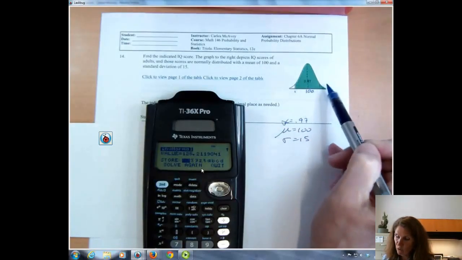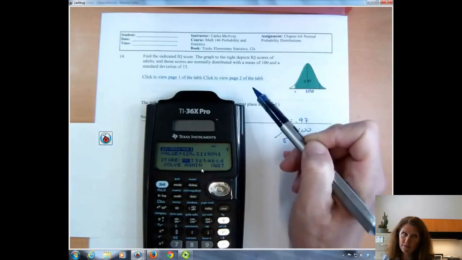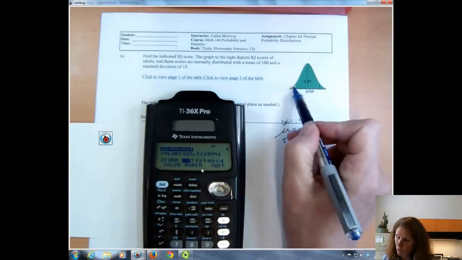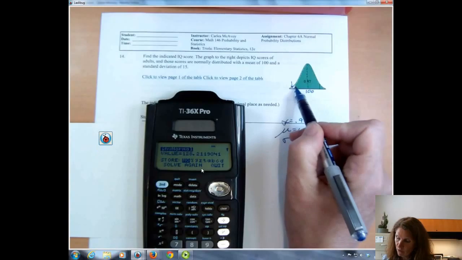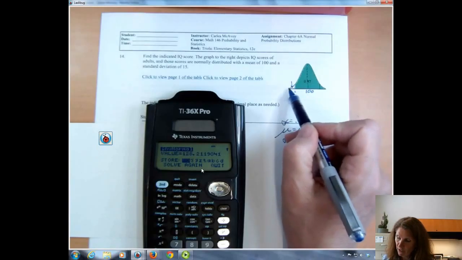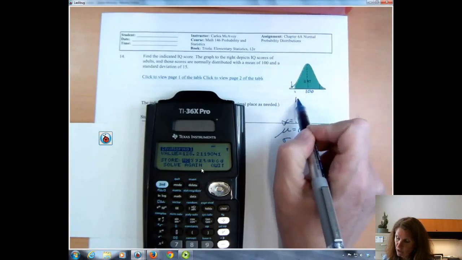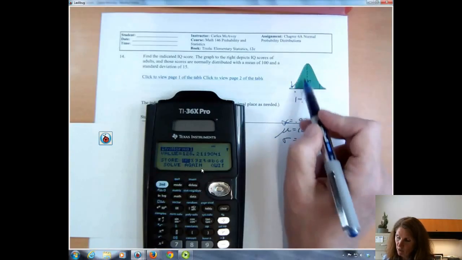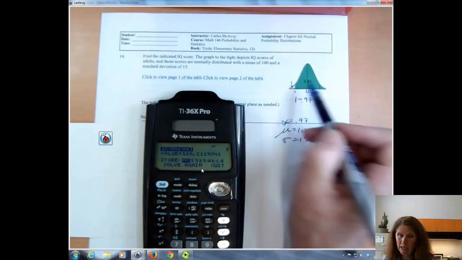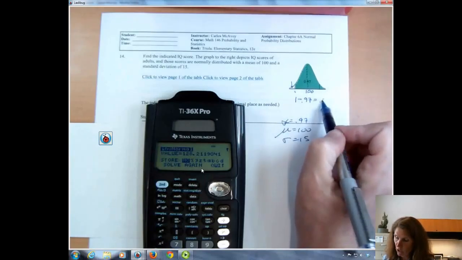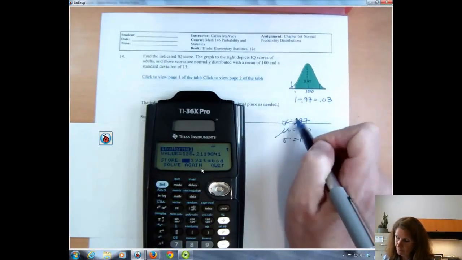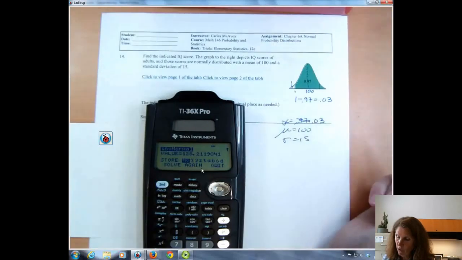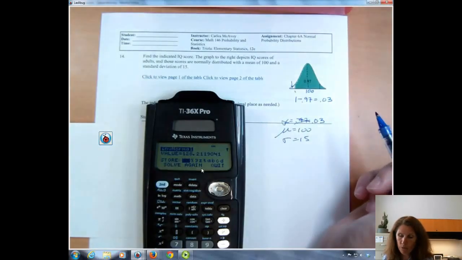It always assumes you're talking about the left side of that, right? So I need to figure out what this little area is because I want to know what's to the left of that. All I have to do is take 1 minus 0.97, which is 0.03. So I need to put in 0.03 for my area because that's the area to the left.